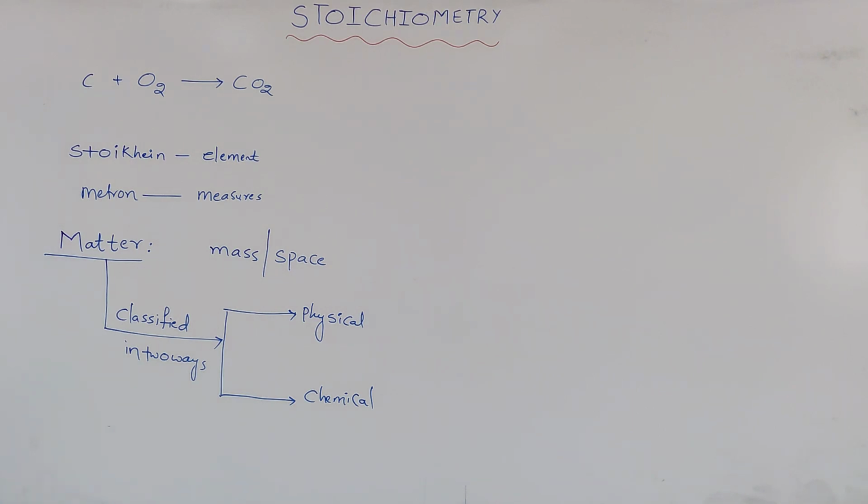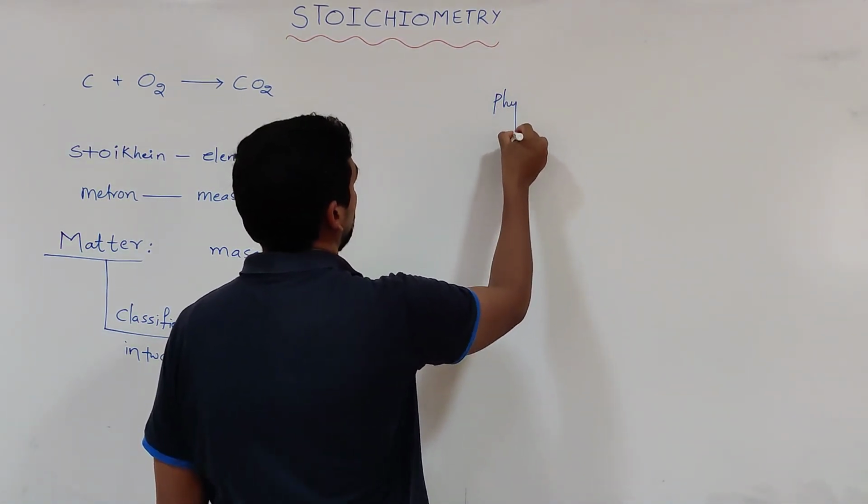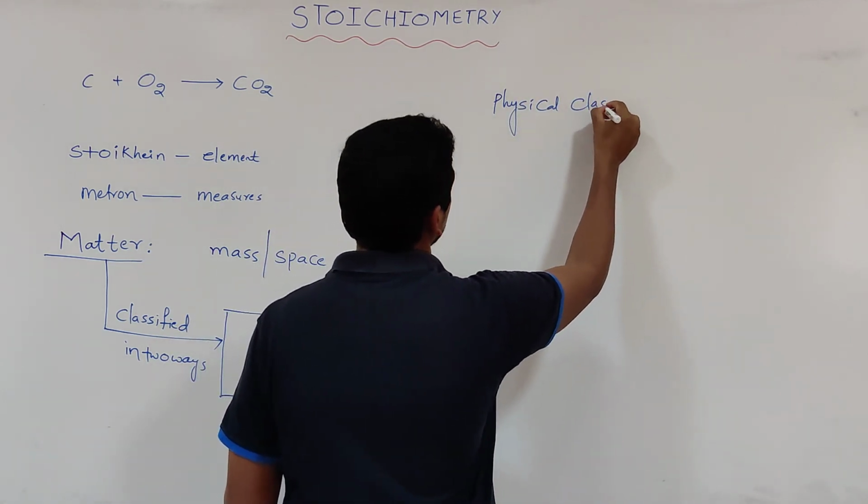The matter can be classified in two ways. One is physical classification and the second one is chemical classification. So I will discuss one by one. First I will discuss the physical classification.